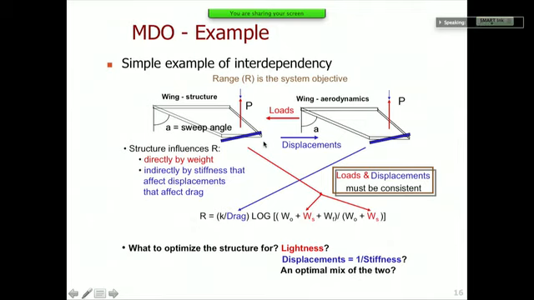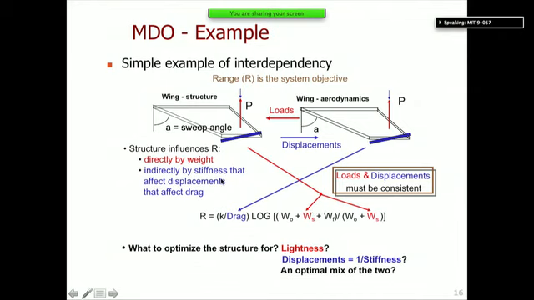In this case, what we're looking for is maximum range. We want to maximize the range of the airplane. This is a simplified version of the very famous Breguet range equation. And you can see that the structure influences the range in two ways. Directly by weight, the actual weight of the structure enters here twice in the range equation.